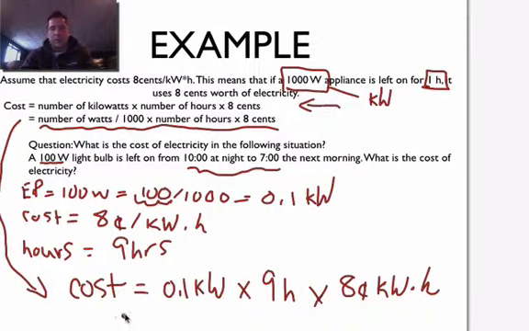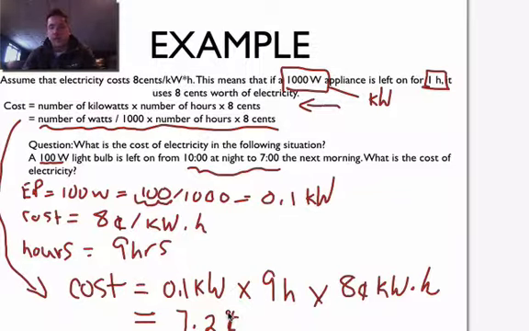So what's that going to equal? I multiply that all together and I end up getting 7.2 cents. So how much did it cost for me to leave a 100-watt light bulb on from 10 p.m. to 7 a.m. the next morning? What was the cost of electricity? Well, it cost me an additional 7.2 cents, and that's just one 100-watt light bulb.